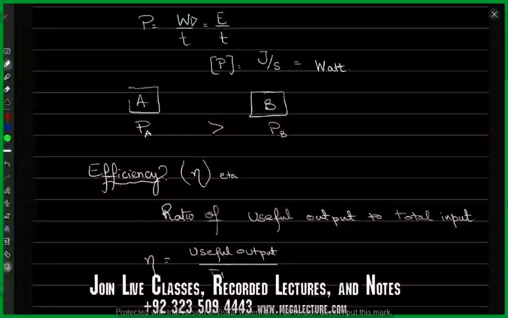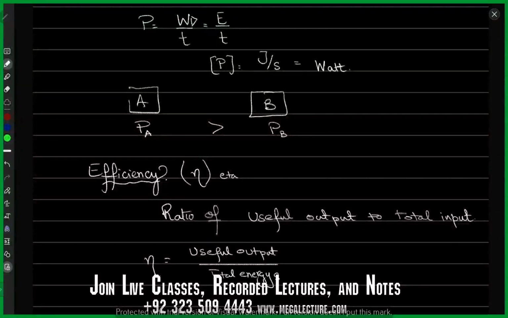Total energy that you're supplying, total energy supplied, or total energy input. And then you just multiply this number with 100, and then you can get the efficiency.